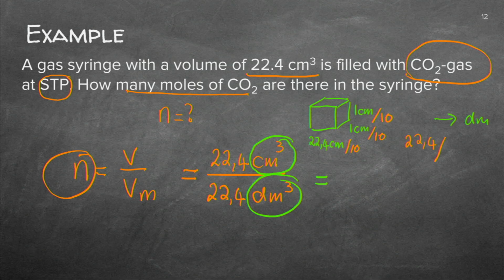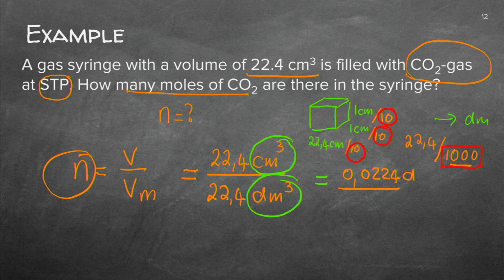22.4 divided by 1,000. Let me quickly explain. The 1,000 is 10 times 10 times 10, and then you get this 1,000 as a value. So if I do that calculation, I get a value at the top of 0.0224. I divided the centimeters by 1,000.